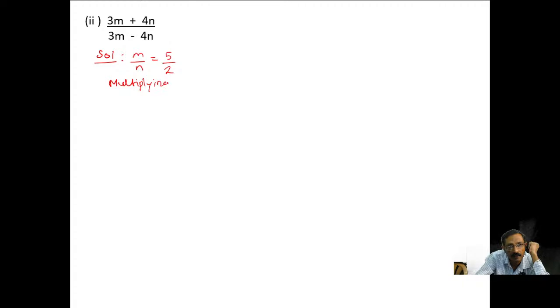Multiplying both sides by 3 upon 4. Therefore, let us see what we get.